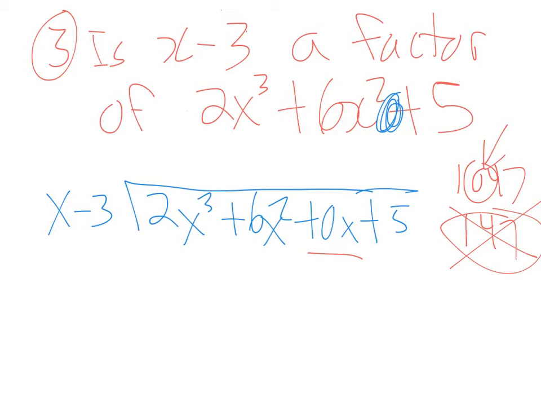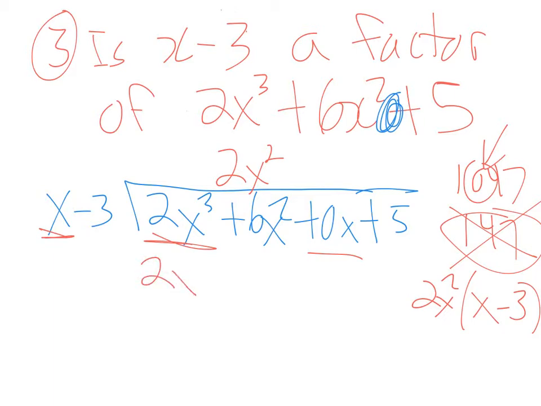So how many times does x go into 2x cubed? Well, 2x cubed divided by x is 2x squared. So it's 2x squared times x minus 3. Up top, it goes in 2x squared times, and then I multiply that through, and I should get 2x cubed minus 3 times 2, which is 6x squared.